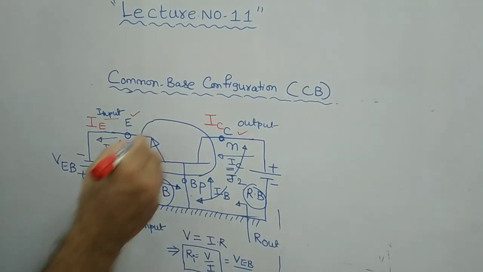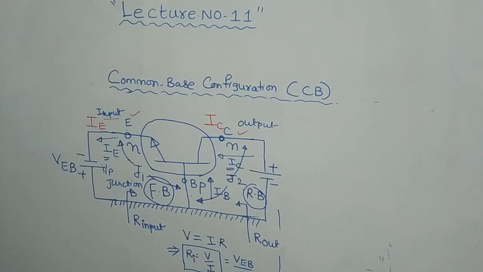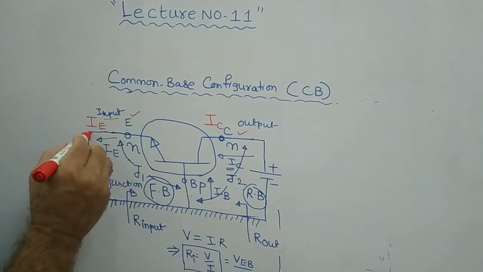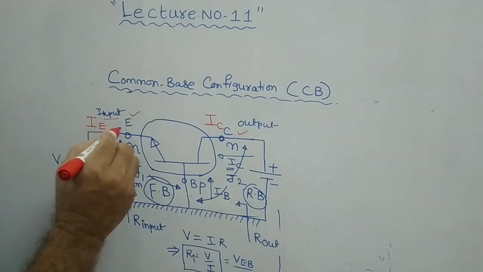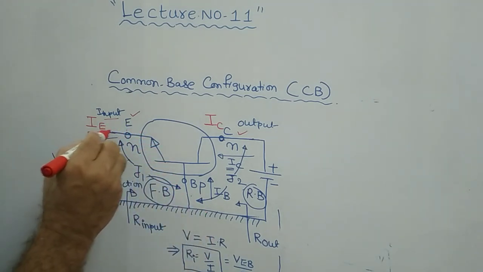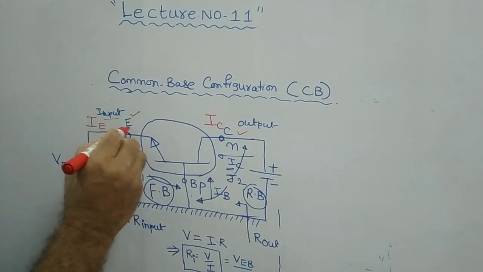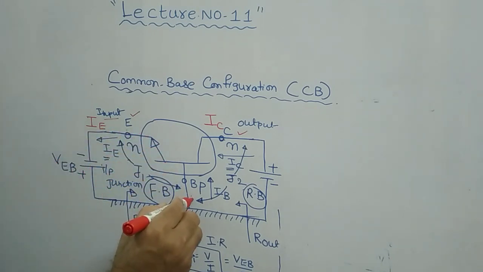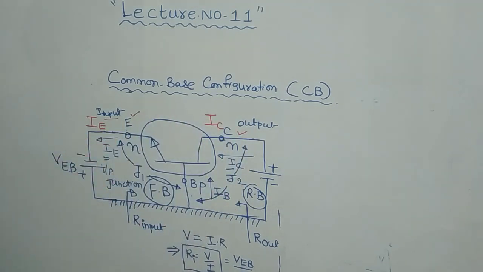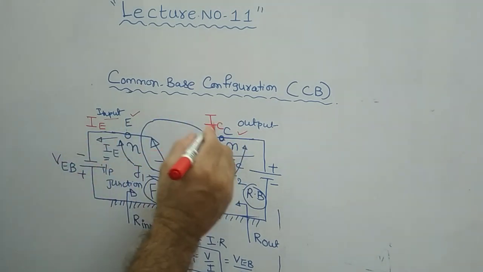In this particular configuration, the emitter current, or the input current, flows through the base terminal, and the collector current will collect this, right?